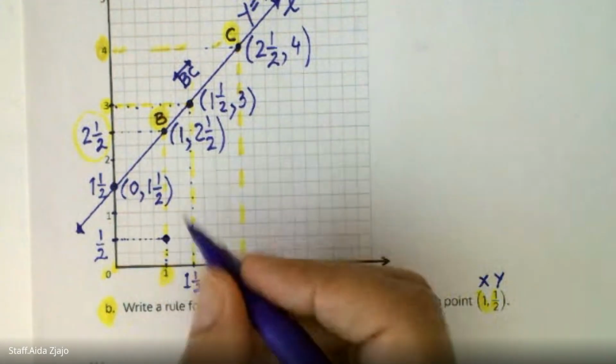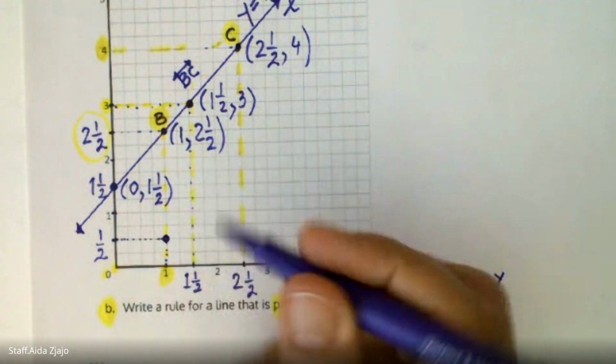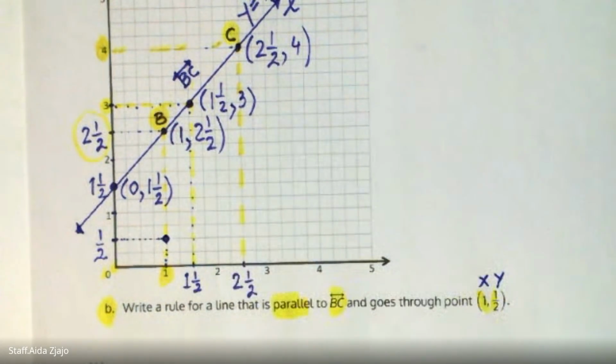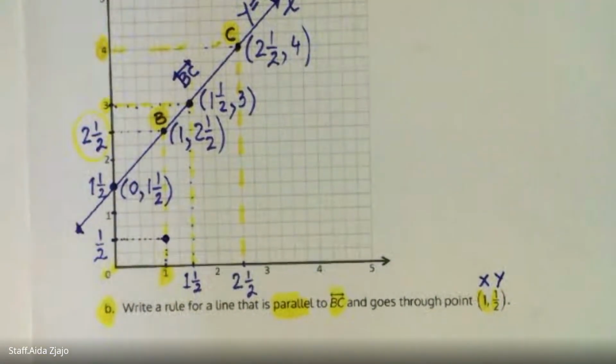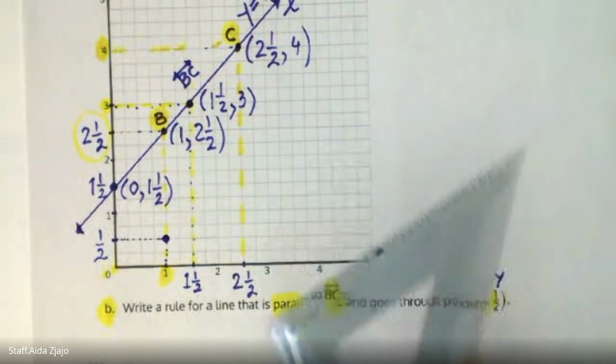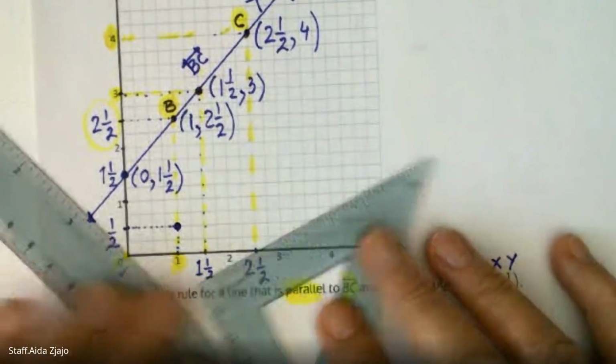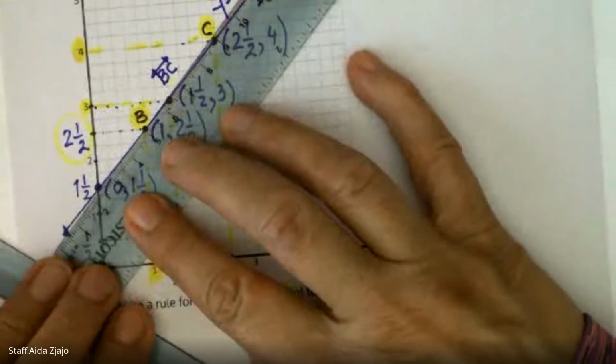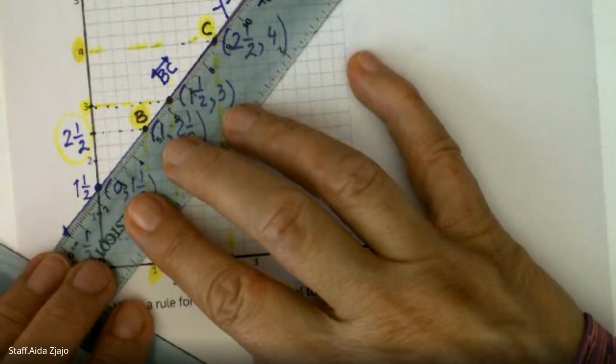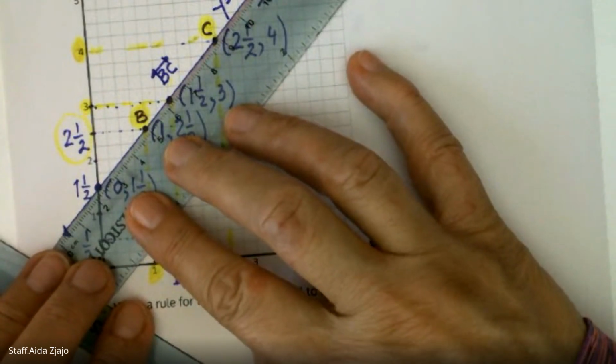Let's actually create the parallel line first. I can create a parallel line if I take my ruler and make a line parallel to line BC.